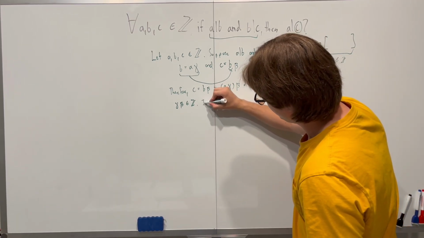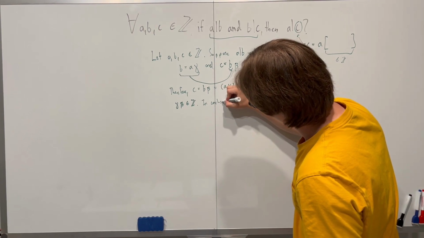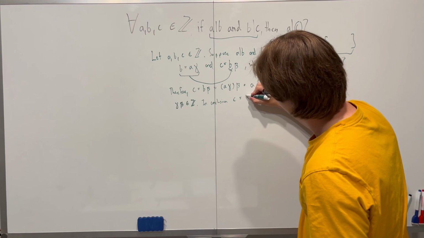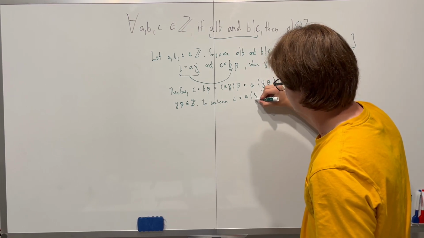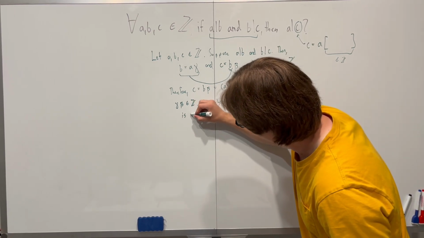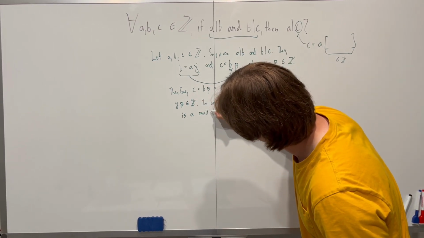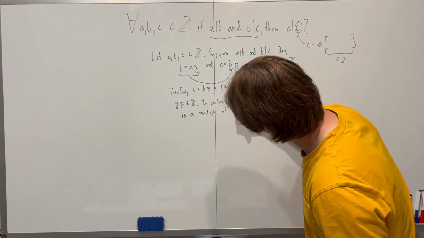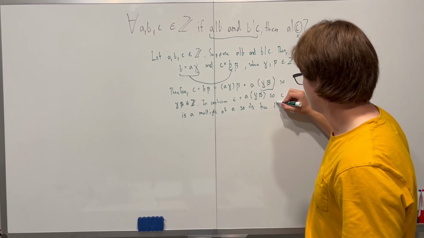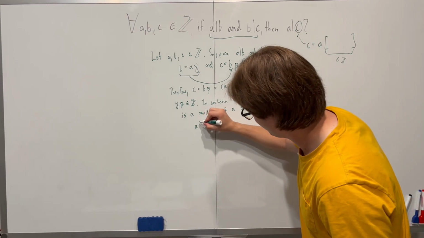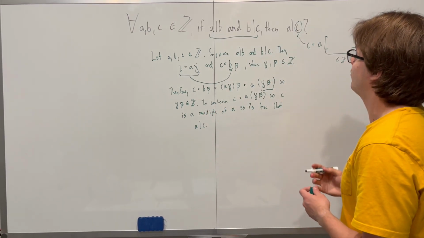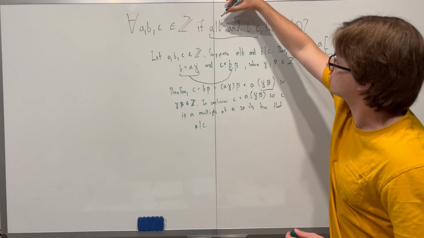So we can say, in conclusion, C is equal to A times gamma times beta. So C is a multiple of A. So it's true that A divides C. This is called the transitivity of divisibility because we're transferring, right?